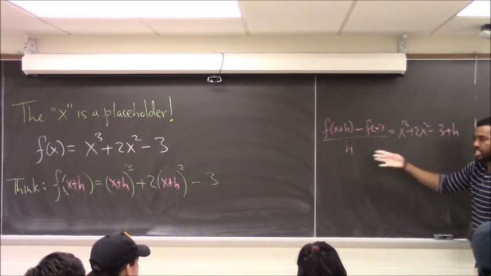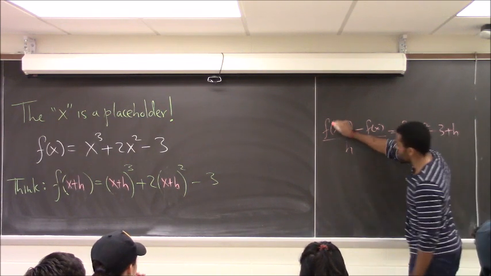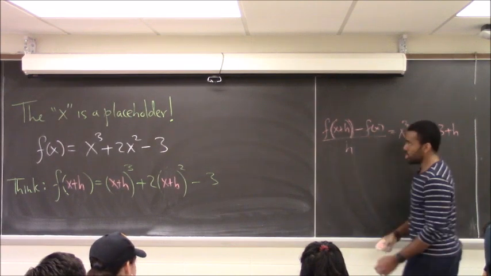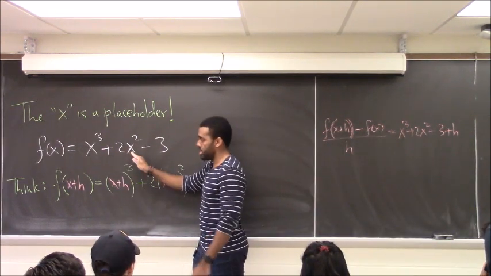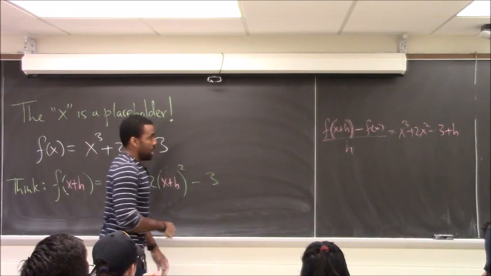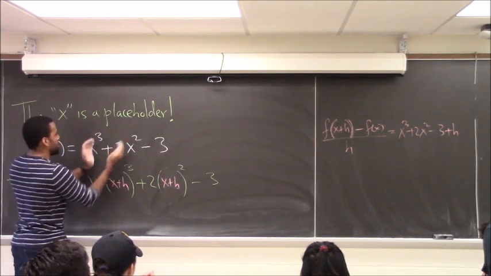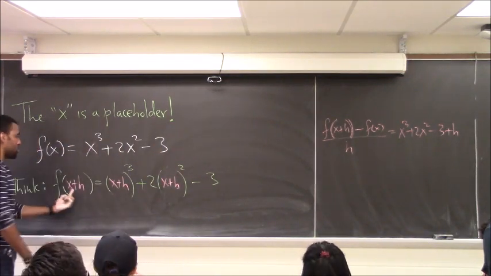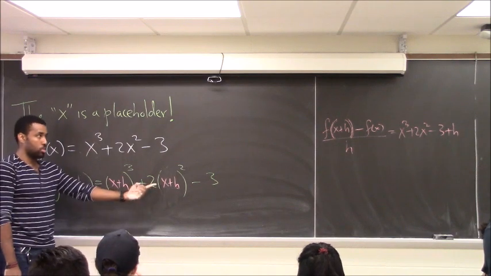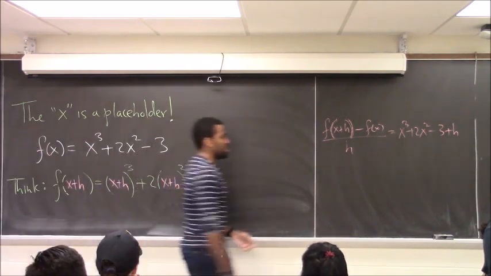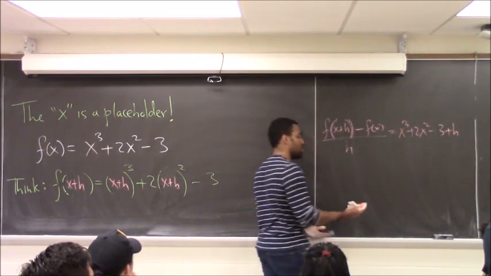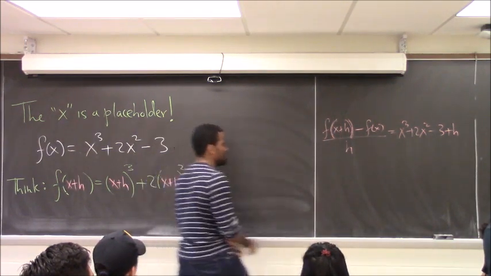They think of the plus h as something separate. No, whatever is in parentheses goes in all the positions where you saw x before. You're going to remove all the x's and open up parentheses, and whatever someone writes here, you write it in all those positions. I'd also often see people writing the f on this side as well. No, that's not what it means, so this is wrong.